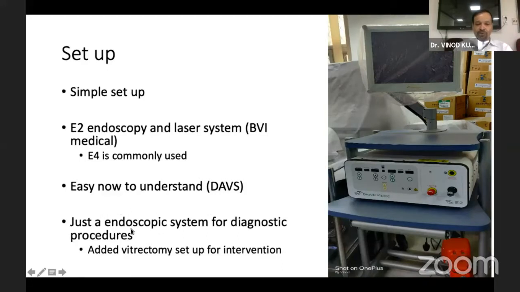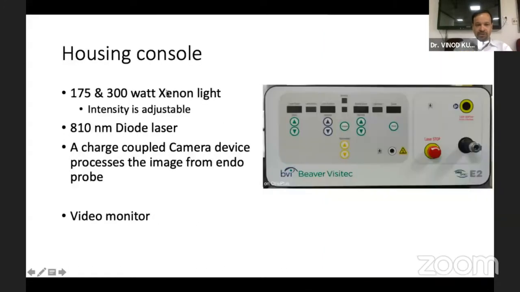If we are doing a diagnostic procedure, then just this endoscopic system is required. We put a probe that goes inside the eye, and we look at the monitor to see what is happening inside the eye. But if you are planning a simultaneous intervention, then a vitrectomy setup along with this system would also be required to tackle the pathology at the posterior segment.